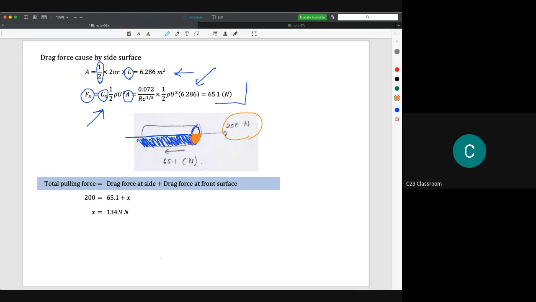So we could have a very simple calculation like this one. So the sum of 65.1 and X here, the drag force that occurred due to the front surface, we found that the drag force at the front surface is around 134.9 Newton.